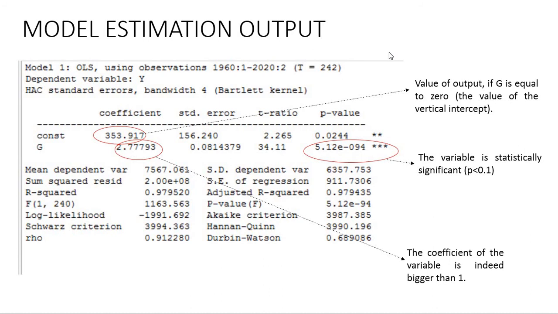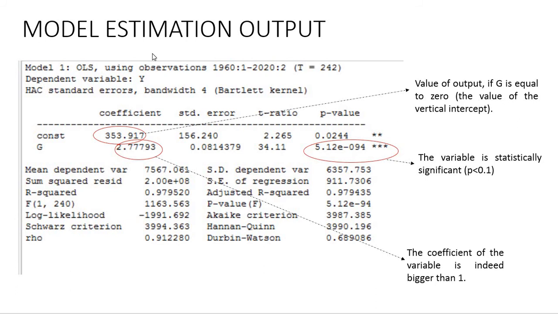Probably you are not familiar with the notion of statistical significance at this moment, but please don't be afraid, we're going to discuss this as well. So basically, if the p-value tells you that a variable is statistically significant, at least at the 10% level of statistical significance, it means that the value of this coefficient is not equal to 0. So actually this variable causes some statistically significant effect on our dependent variable, or GDP.